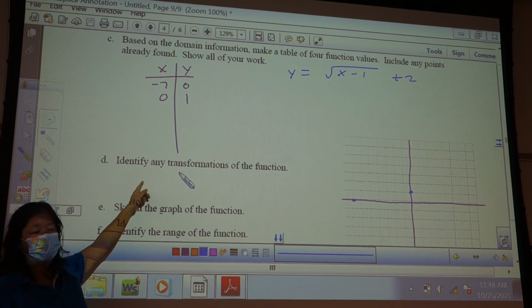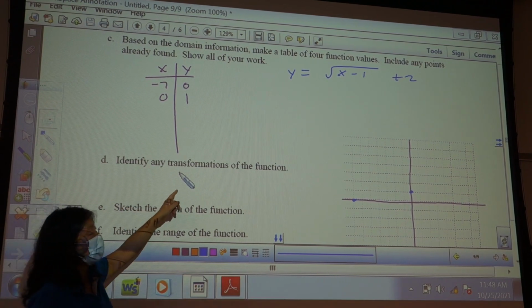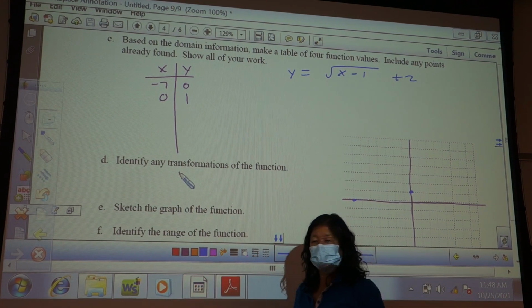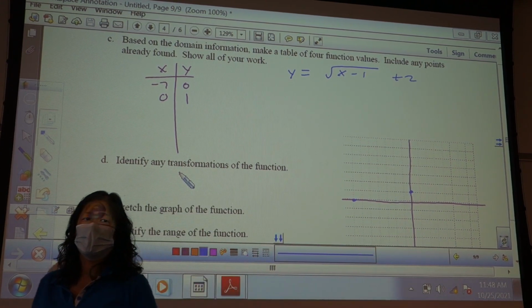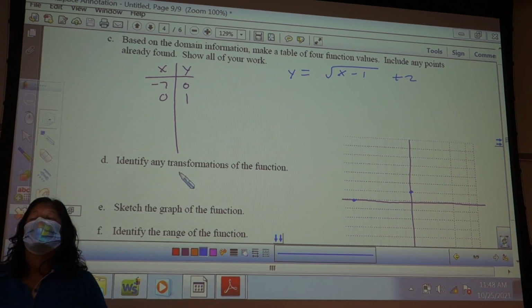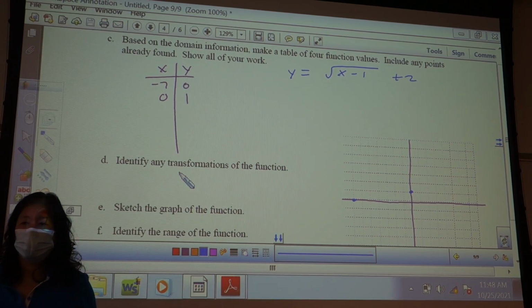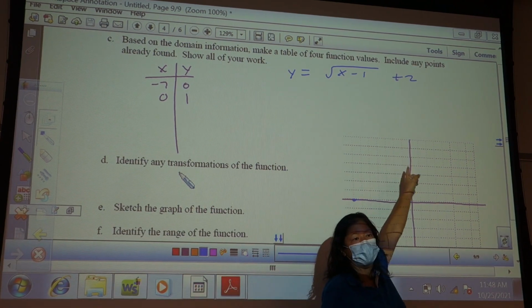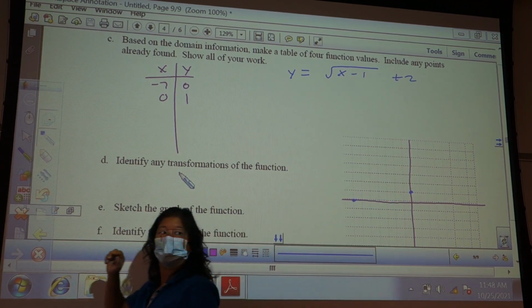Left, right. Which one is it? And then on the outside is +2. Is that left, right, or up, down? Up, down. So I'm going to write out the transformation for +2 on the outside. Write it down in here.